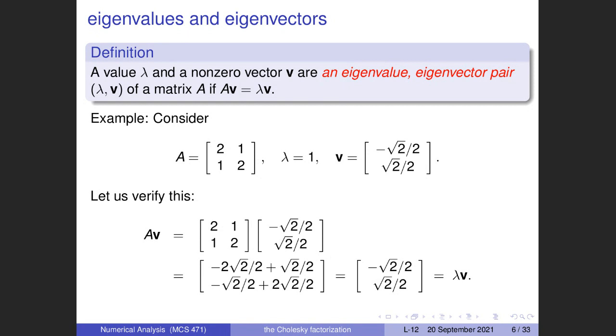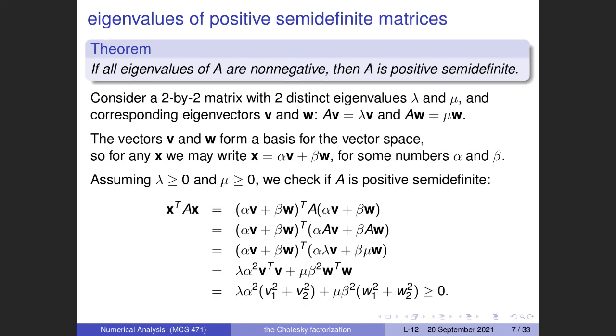Okay, how does this now fit? Well, we can relate the eigenvalues of the matrix, in particular the theorem says here, if all eigenvalues are non-negative, so they are positive or zero, then the matrix itself is positive semi-definite.